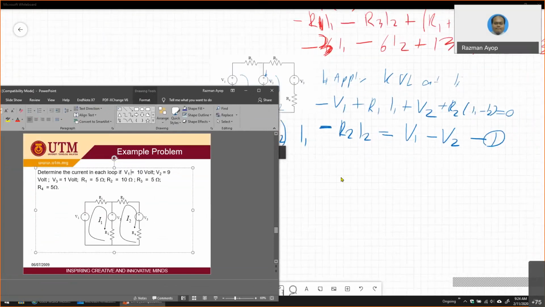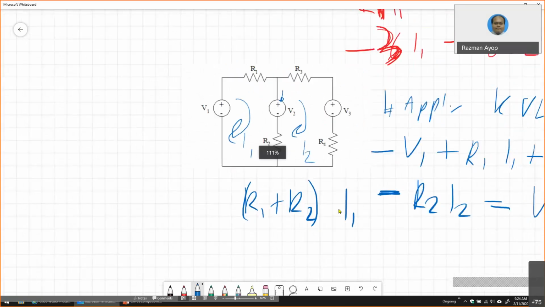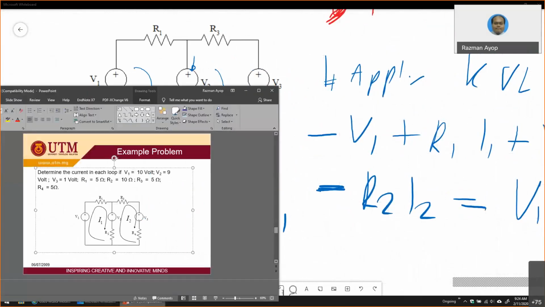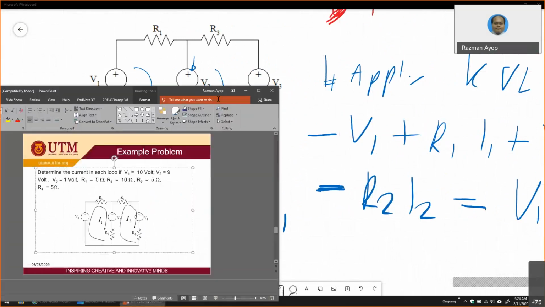So for the value here, V1 is 10, V2 is 9, and V3 is 1.